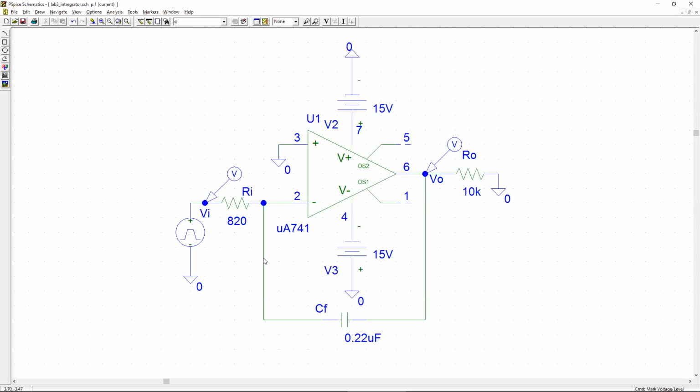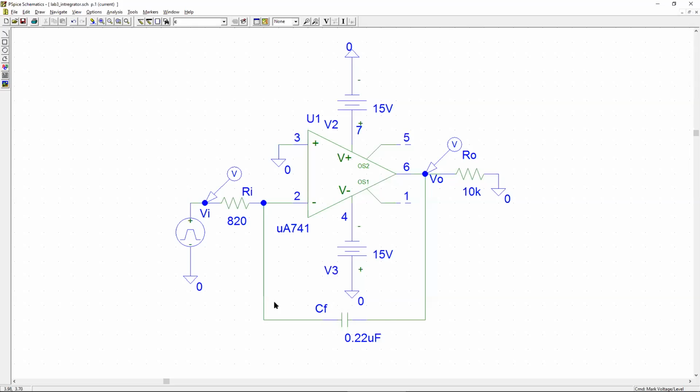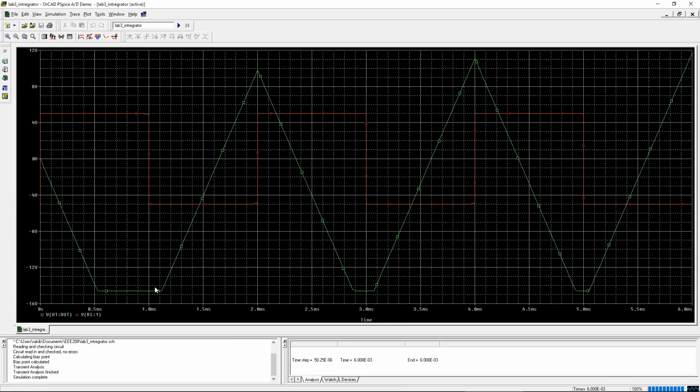We need to incorporate other components in this circuit, but this is the simplest circuit to perform the integration operation, and that's why it is not perfect. And we have a capacitor, and you know that a capacitor has a time constant and other things associated with it, and that's why these are not perfect, but I can say you have a sense of how the output will be.